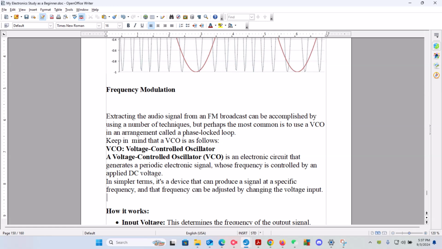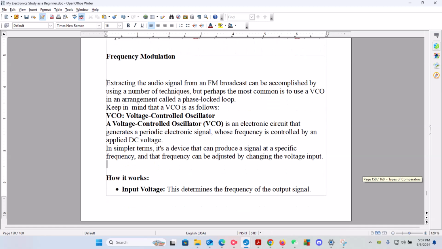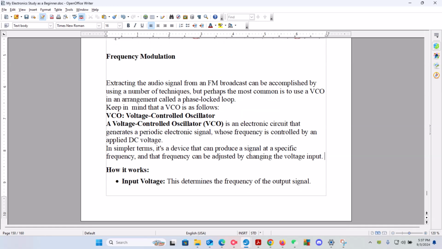A voltage controlled oscillator, or VCO, is an electronic circuit that generates a periodic electronic signal whose frequency is controlled by an applied DC voltage. In other words, in simpler terms, a device that can produce a signal at a specific frequency, and that frequency can be adjusted by changing the voltage input.